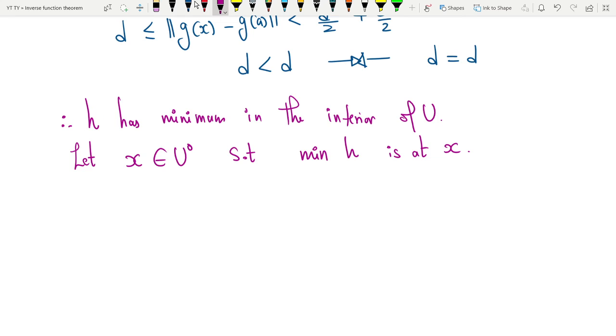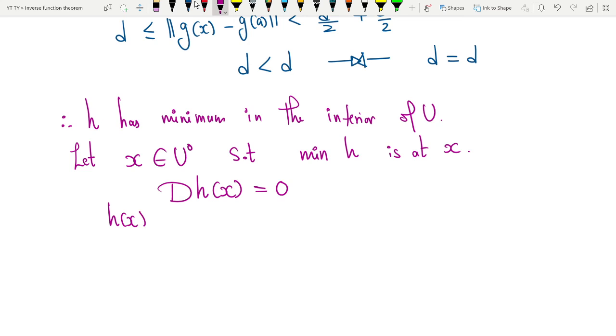We know that whenever a function attains the optimum value, the derivative at that point must be equal to 0, right? So we found the derivative of h at x must be equal to 0. So what is my h of x, by the way?